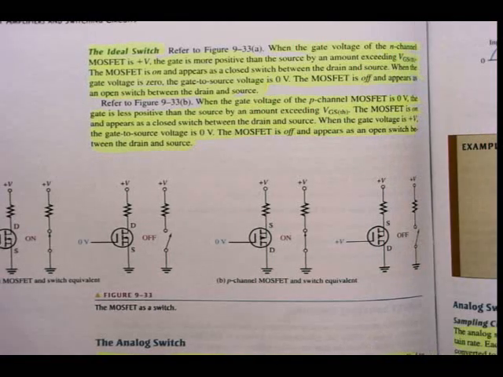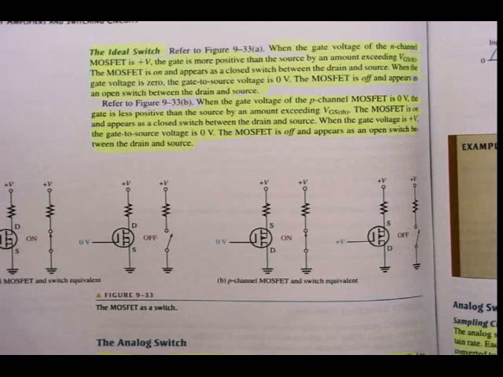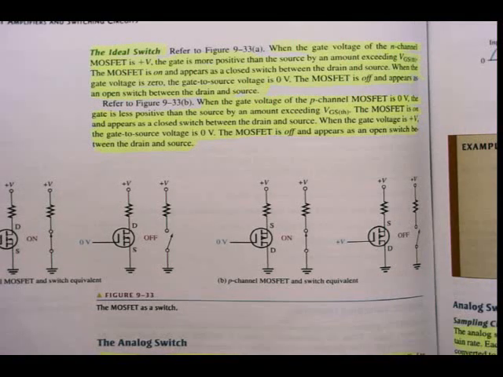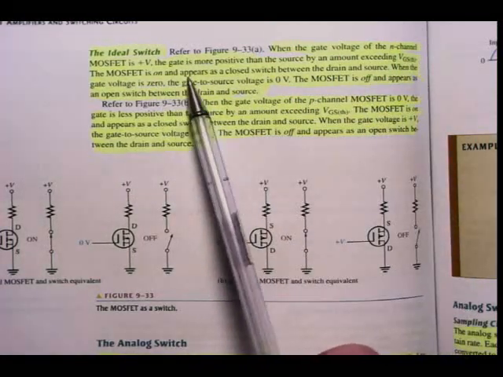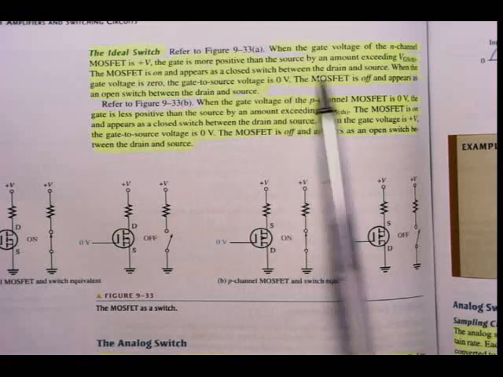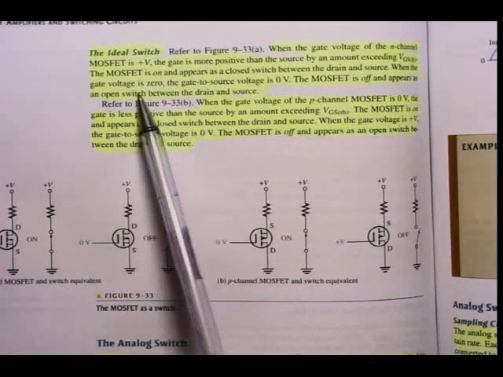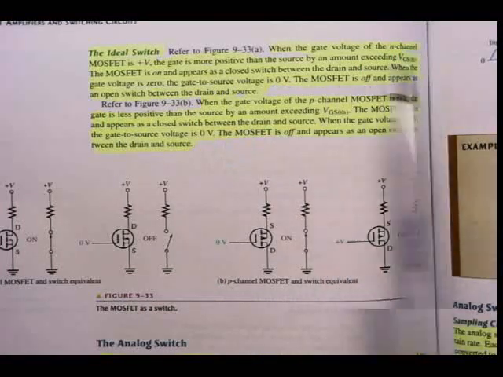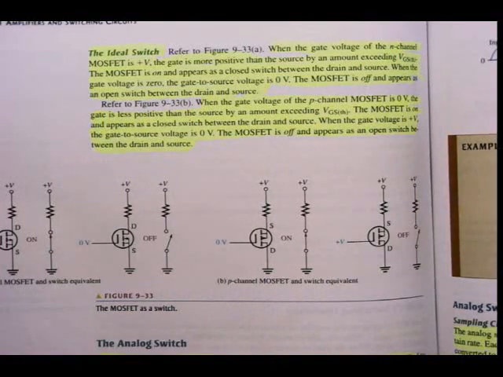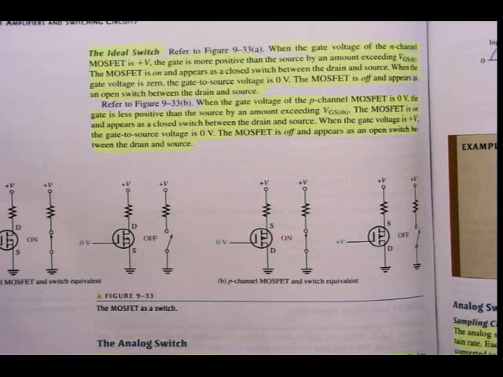That is important, né? Exceeding VGS threshold. If you remember the characteristic curve in the previous chapter. All right, there the MOSFET is on and appears as a closed switch between the drain and the source. When the gate voltage is 0, the gate to source voltage is 0 volts, the MOSFET is off and appears as an open switch between the drain and source. All right, that is for an N-channel, of course.